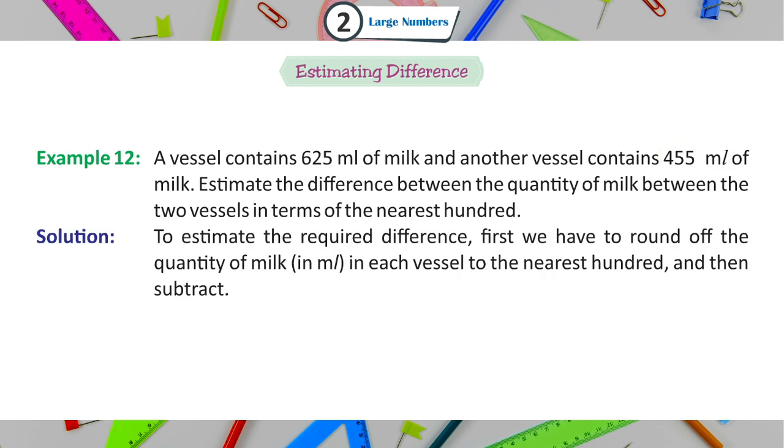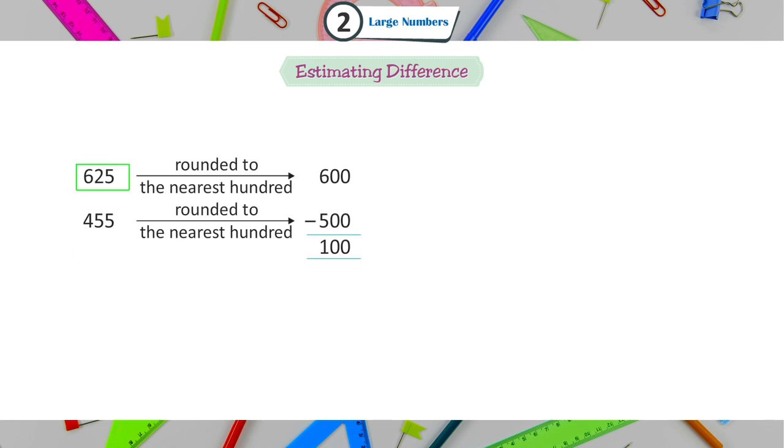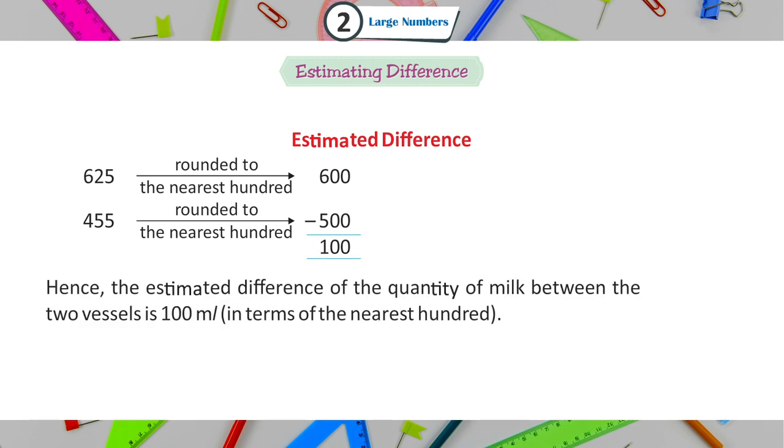To estimate the required difference, first we have to round off the quantity of milk in milliliters in each vessel to the nearest 100 and then subtract. 625 rounded to the nearest 100, 600. 455 rounded to the nearest 100, 500. 600 minus 500 is equal to 100. Hence, the estimated difference of the quantity of milk between the two vessels is 100 milliliters in terms of the nearest 100.